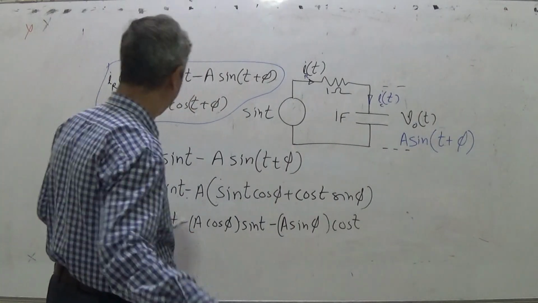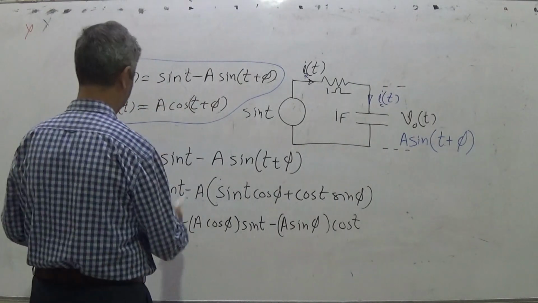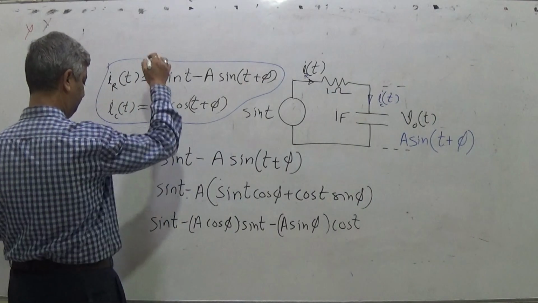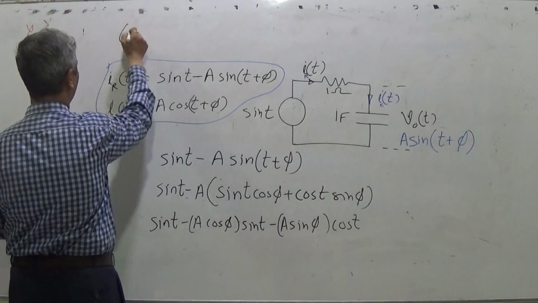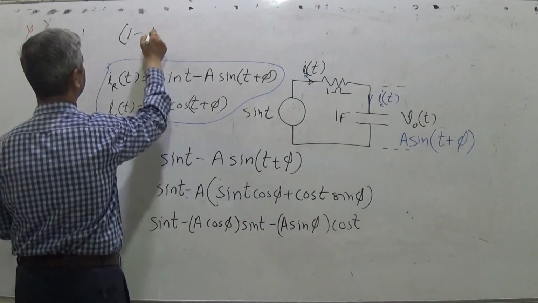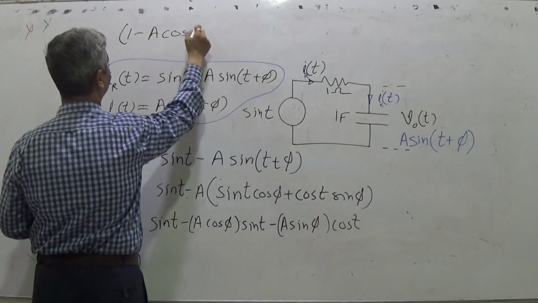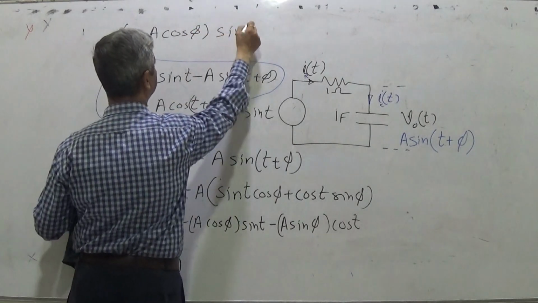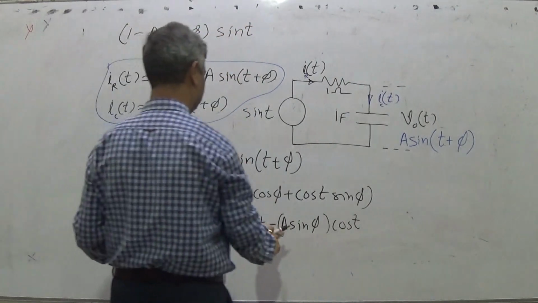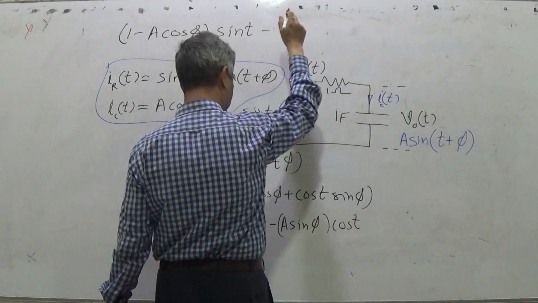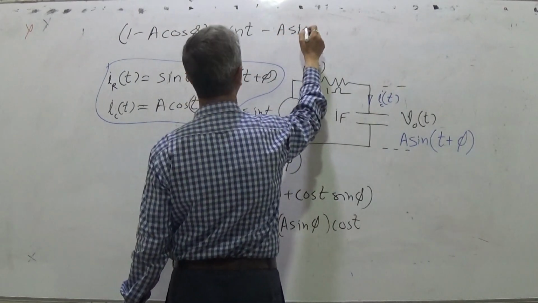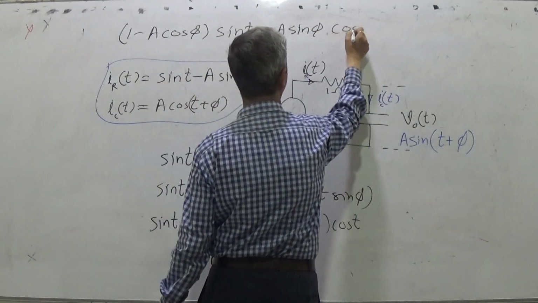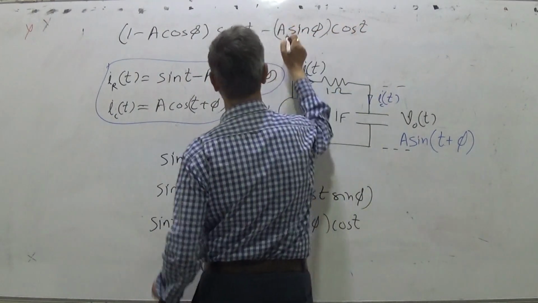So it is becoming much longer. This I write at the top. So this is 1 minus a cos phi sine t minus a sine phi cos t.